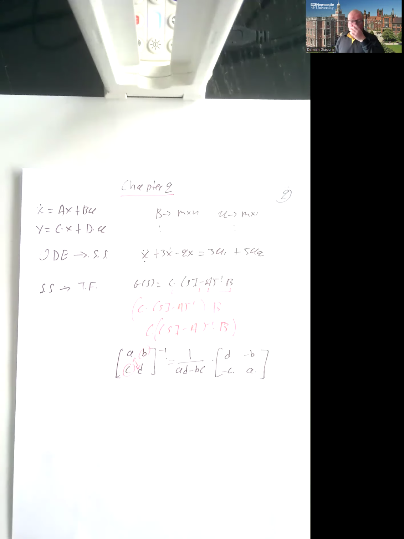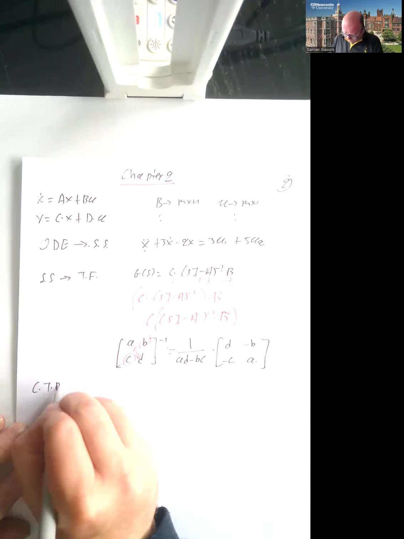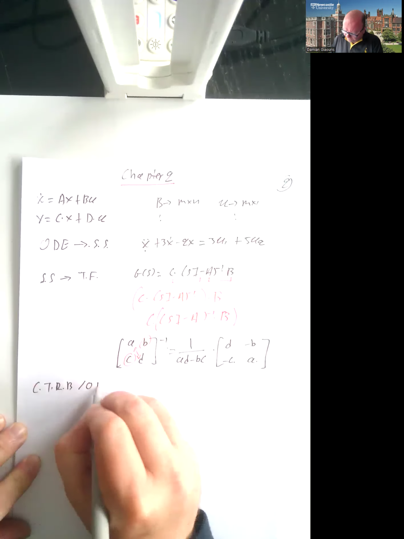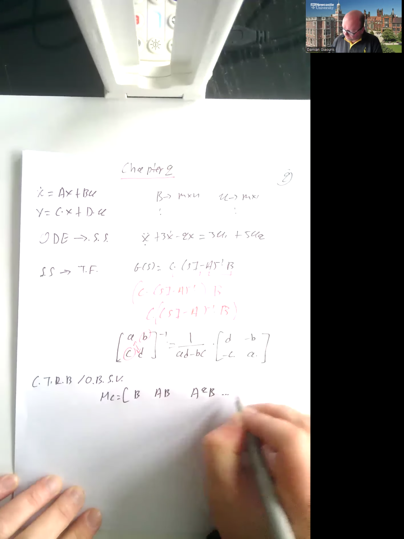The last bit that we have seen in chapter 2 was about controllability and observability. Now, effectively, what I want you to know here are two things. One is the pretty much obvious. You must be able to calculate the controllability and observability matrices. So B, AB, A squared B, and so on.